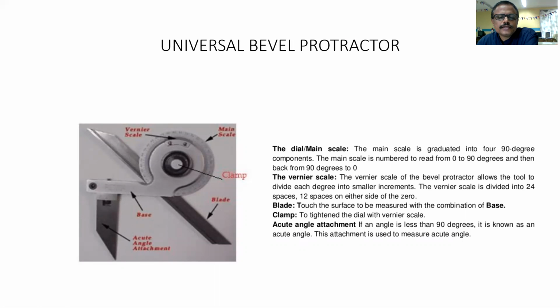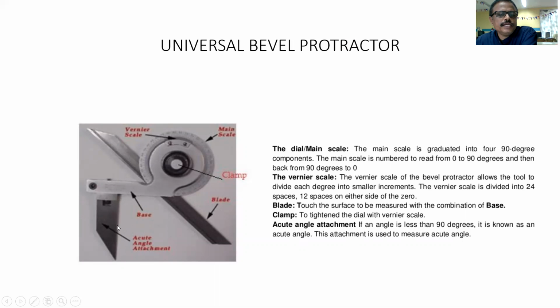Then there is the clamp here, which will tighten the dial, that is the main scale, with the vernier scale.